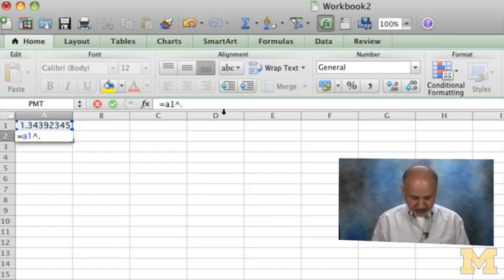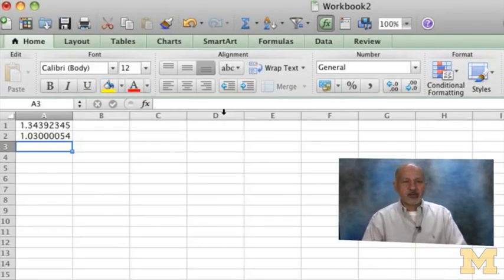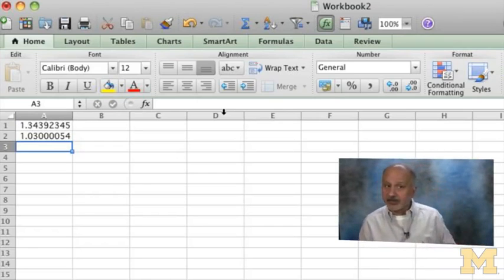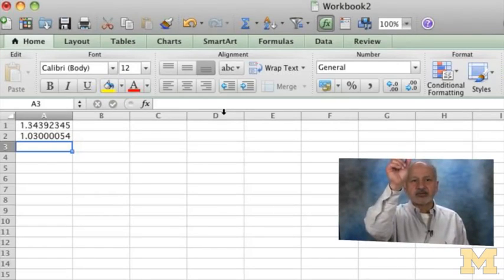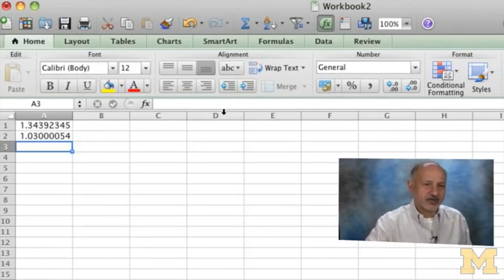It's raised to power 0.1. That gives 1.03. So you remember the 3%? You subtract 1 out of this calculation and you get the yield to maturity, right? Because it's future value over present value. And you have to subtract the 1 because that's the $1 you put in as your investment, right?